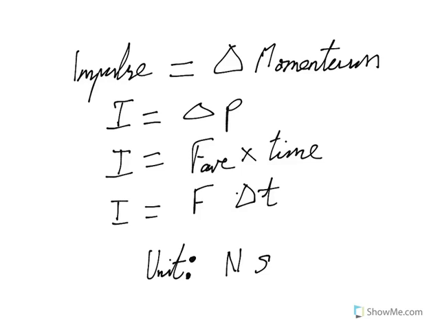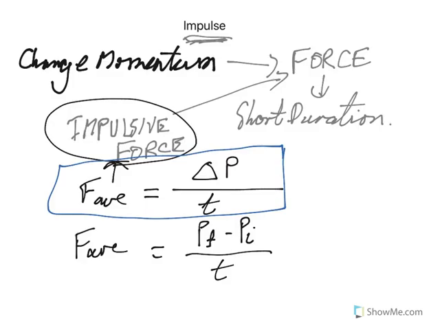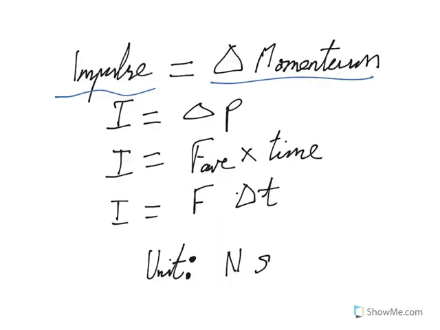Alright, so we've got a couple of concepts here. If momentum changes, we say that there's been an impulse. And the other thing is that the average force, or the impulsive force, that's the force that caused the change in momentum, is the change in momentum over the time.